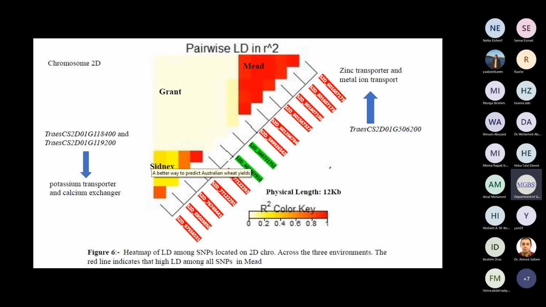This group of markers with high significant LD was also located within two genes, which included a transporter and calcium exchange. This protein also has a good function to increase grain yield. These results indicate that our genome-wide association analysis was successful, because we found significant SNPs with good association with grain yield.